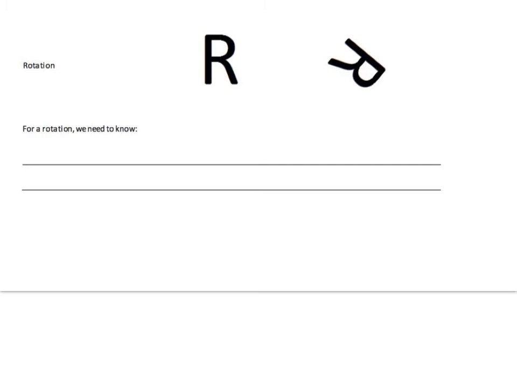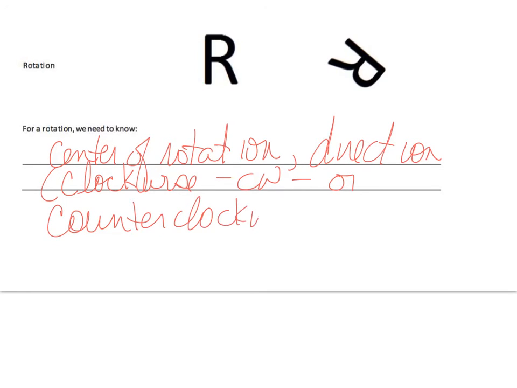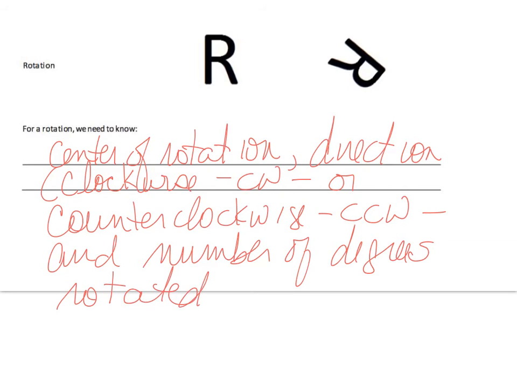So for a rotation, we need to know the center of rotation, the direction, clockwise, which you can say CW, or counterclockwise, which you can say CCW, and the number of degrees rotated.